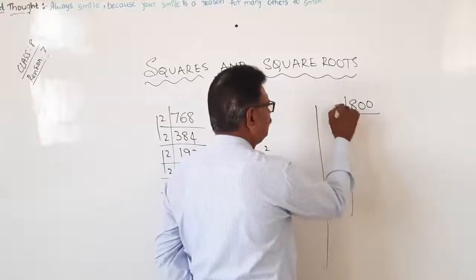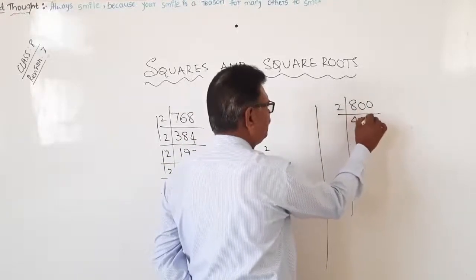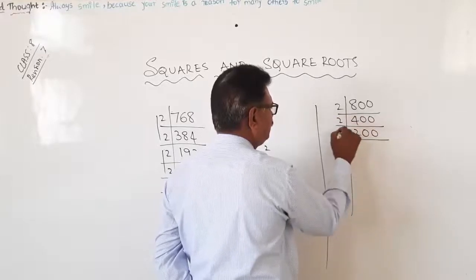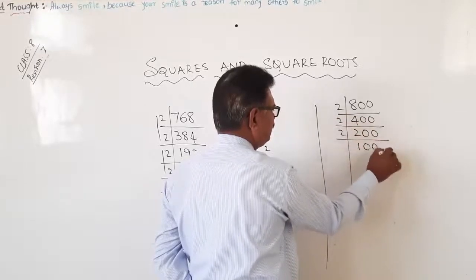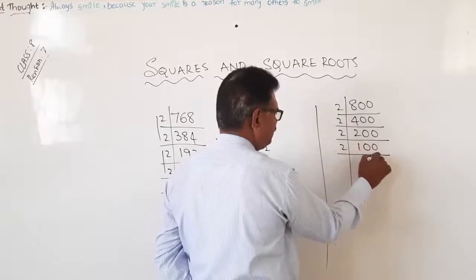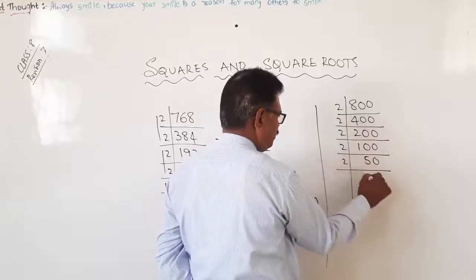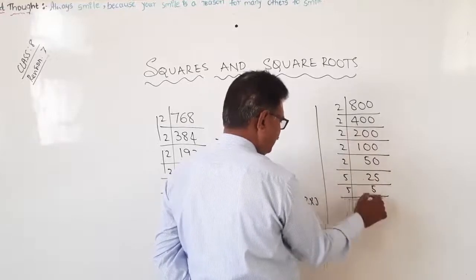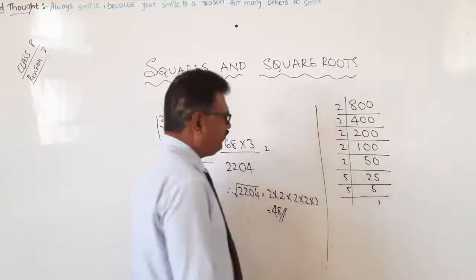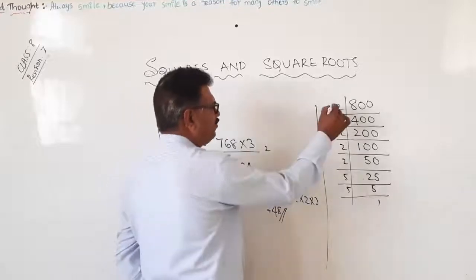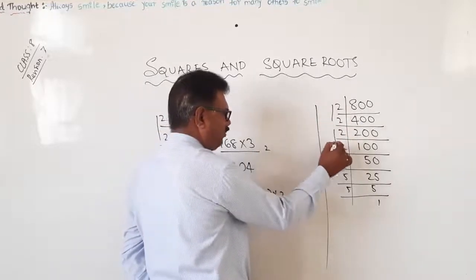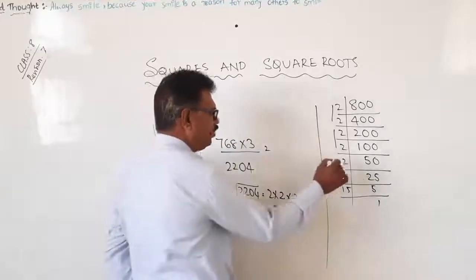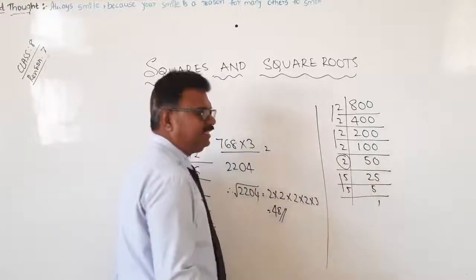Now start with 2. 2 into 4 is 8, 0, 0. 2 into 2 is 4, 0, 0. 2 into 1 is 2, 0, 0. 2 into 5 is 10. 2 into 2, 2 into 5, 5 into 5 and 5 into 1. If you observe, for 2 pair is there, for 2 pair is there, for 5 pair is there. So only 2 is not having any pair.